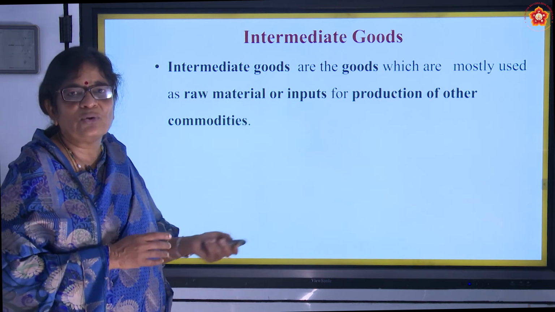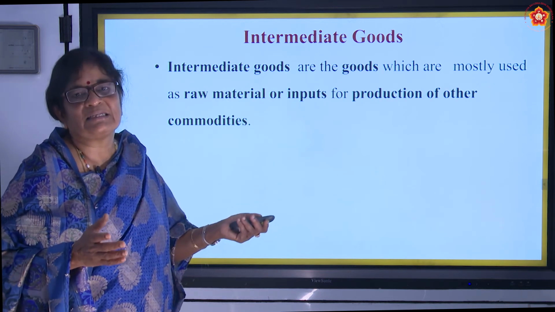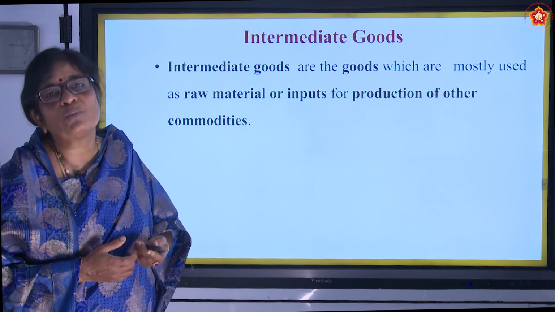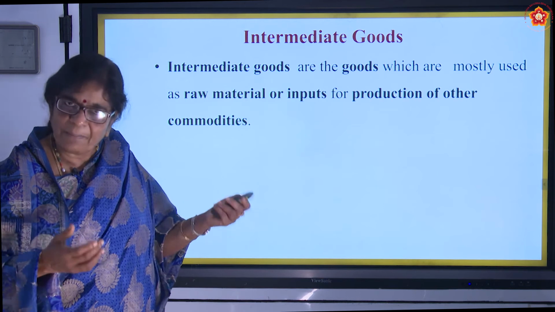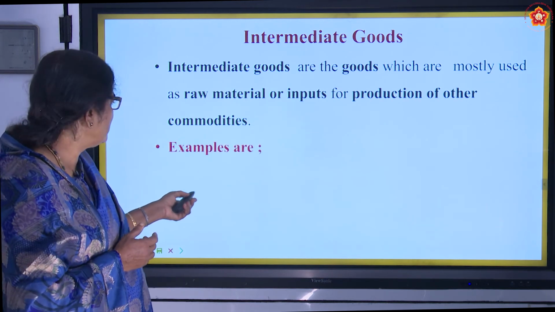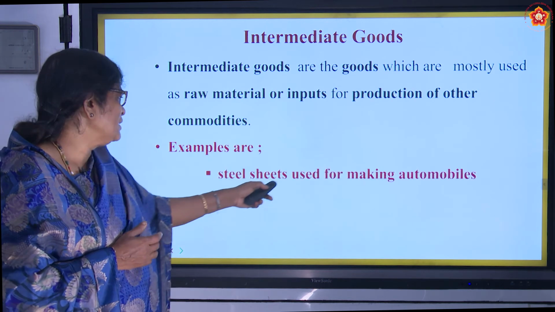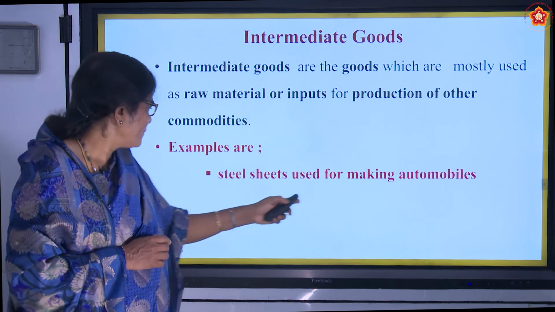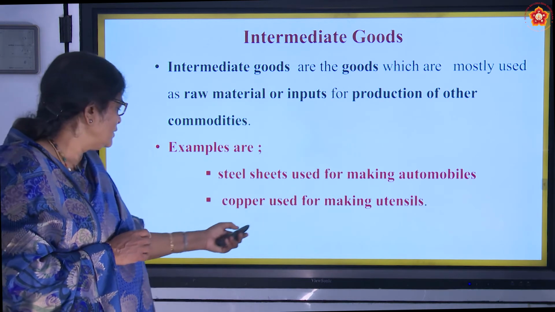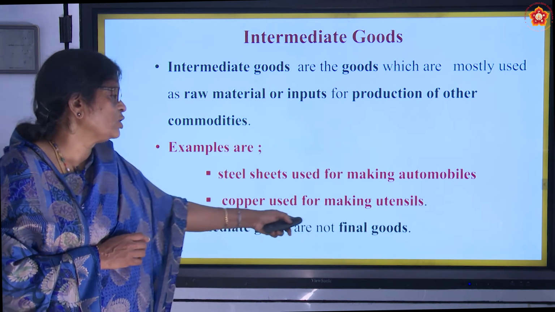For example, steel sheets used by the automobile industry for the production of cars, where the body of the car is made out of steel sheets, and aluminium for the production of vessels. Also the copper used for making utensils. These are intermediate goods, not final goods.